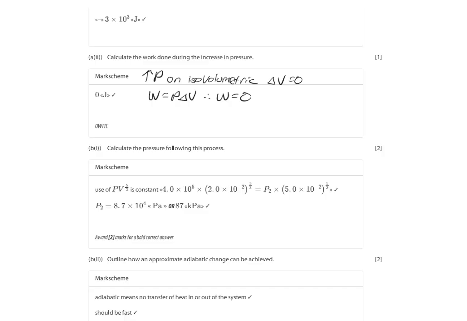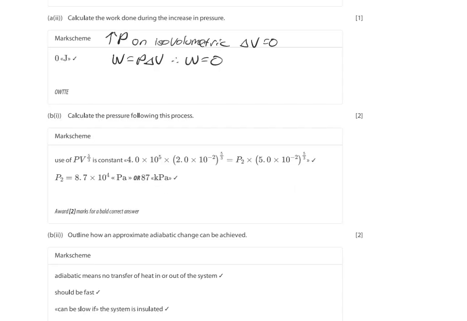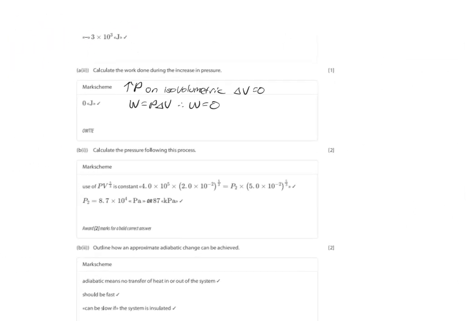Calculate the pressure following that process. This is kind of weird because they use values off the graph in some places, but not others. So basically they're going from C to A, since they're using PV to the 5/3. I'm also not sure what they mean by following this process. The increase in pressure?